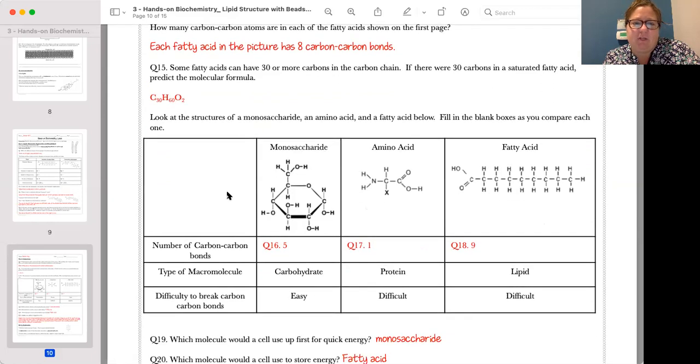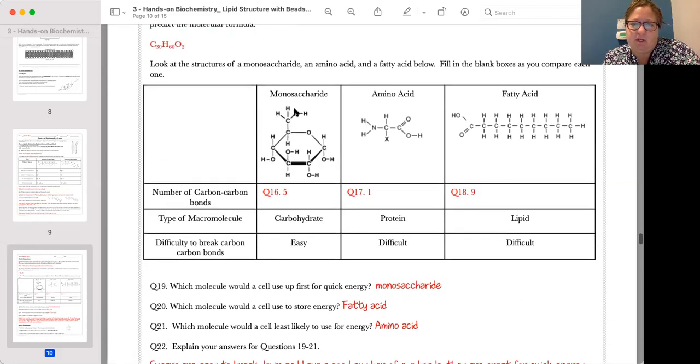Let's look at the monosaccharide, amino acid and fatty acid combo below. We have the monosaccharide, which we should recall from our carbohydrates. It has 5 carbon-carbon bonds, and these bonds are very easy to break.